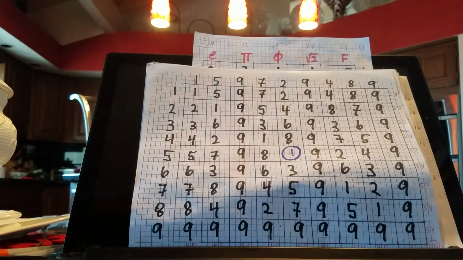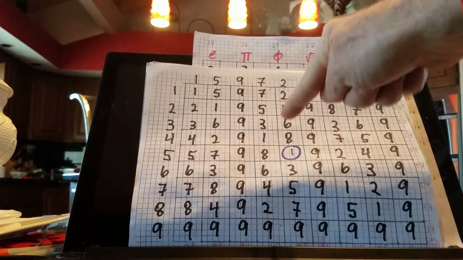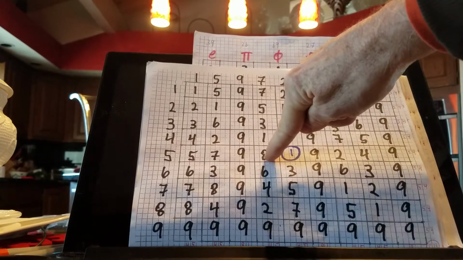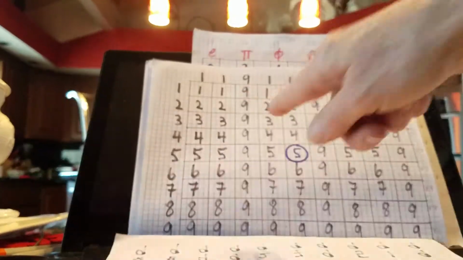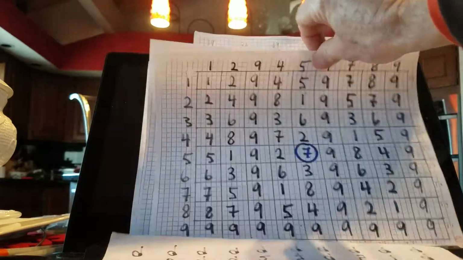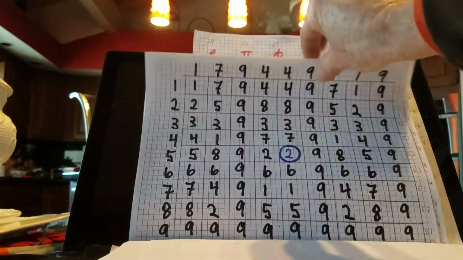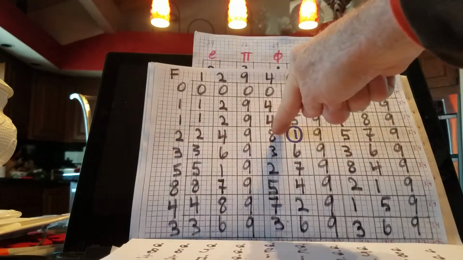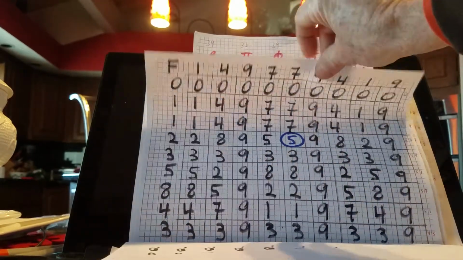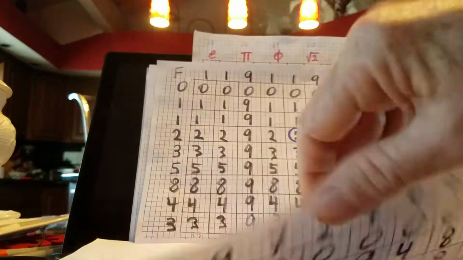Now, what we will do next, quickly, is we will pick other spots on the matrix and we'll see what happens. So let's pick this spot, which is 1 to the left of the circled number. 8, 5, 2, 8, 5, 2, and that's the sequence 1 through 9. Now the Fibonacci numbers, 8, 5, 2, 8, 5, and 2.